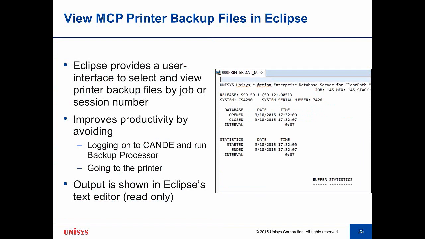In the past, if you're using Eclipse to do the development, if you want to look at the output, you'd have to log into Candy and run the backup processor, or you'd have to go to the printer and get the printout. Eclipse now gives you the capability to look at printer backup files inside Eclipse's text editor window. And so we think this can help improve developer productivity by being able to quickly take a look at the output to see if it's correct.